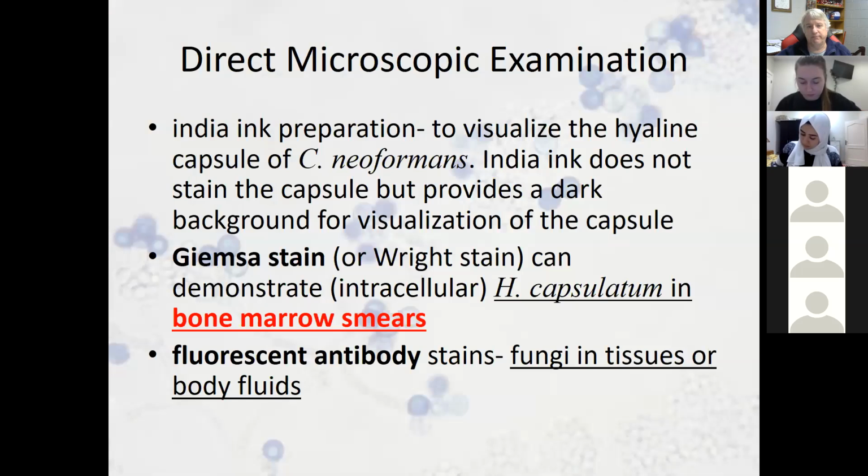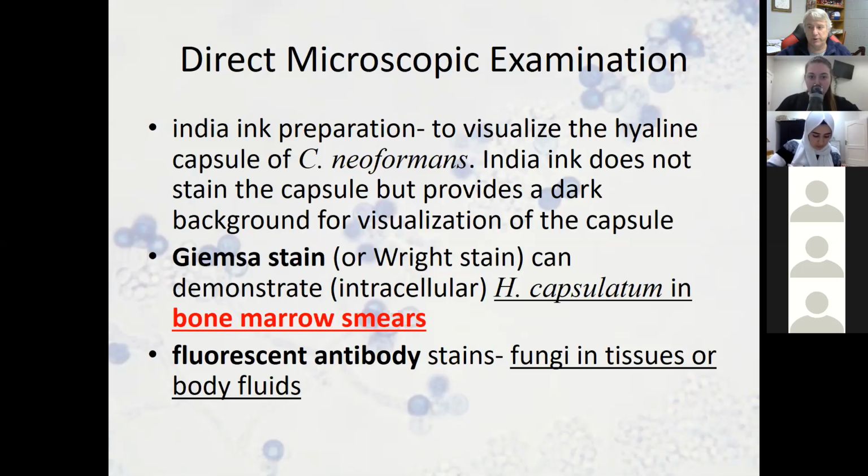India ink prep to visualize the capsule of Cryptococcus neoformans. India ink does not stain the capsule, it provides a dark background for visualizing the capsule. So again, I think we saw one earlier. It was hard to see, but there was one, a great picture we're putting on the wall. The Giemsa stain or Wright stain can be used to demonstrate Histoplasma capsulatum in bone marrow smears.